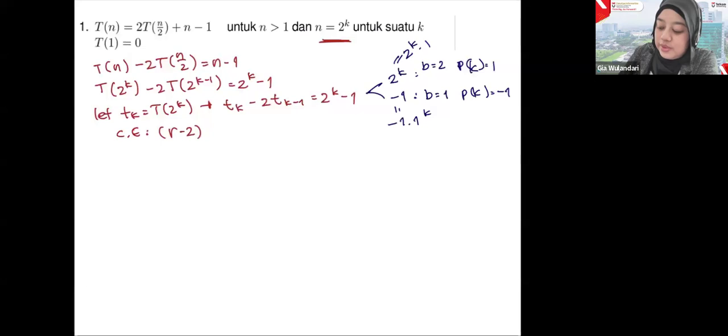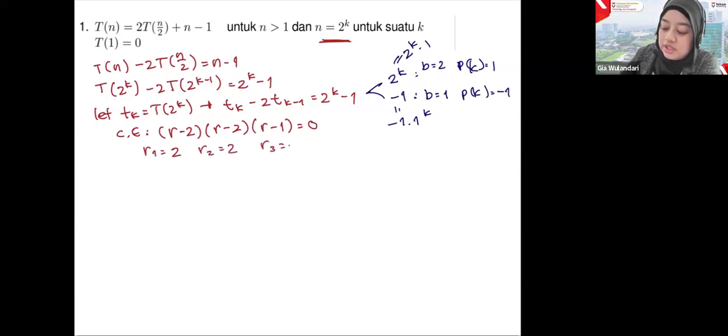Okay. So here, from the first term, we have r minus 2. And from the second term, we have r minus 1. And it means we have r1 is equal to 2, r2 is equal to 2, and r3 is equal to 1.